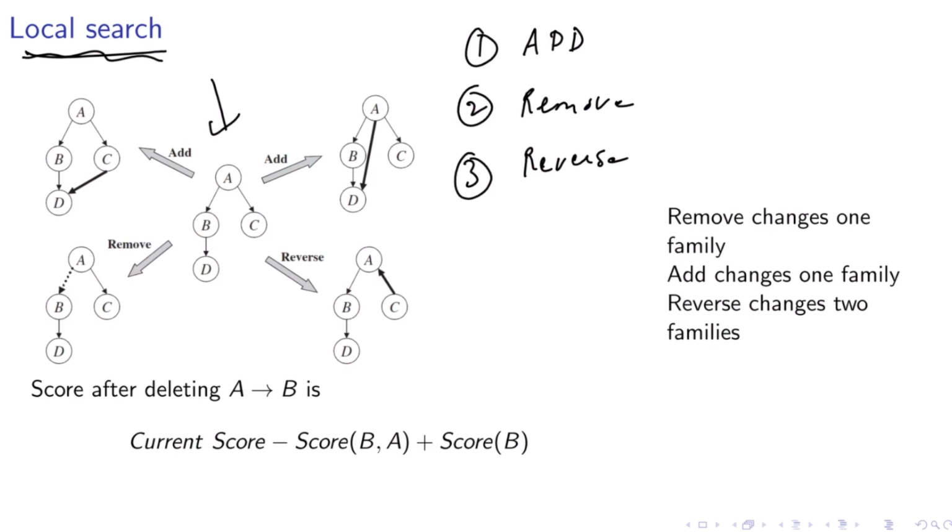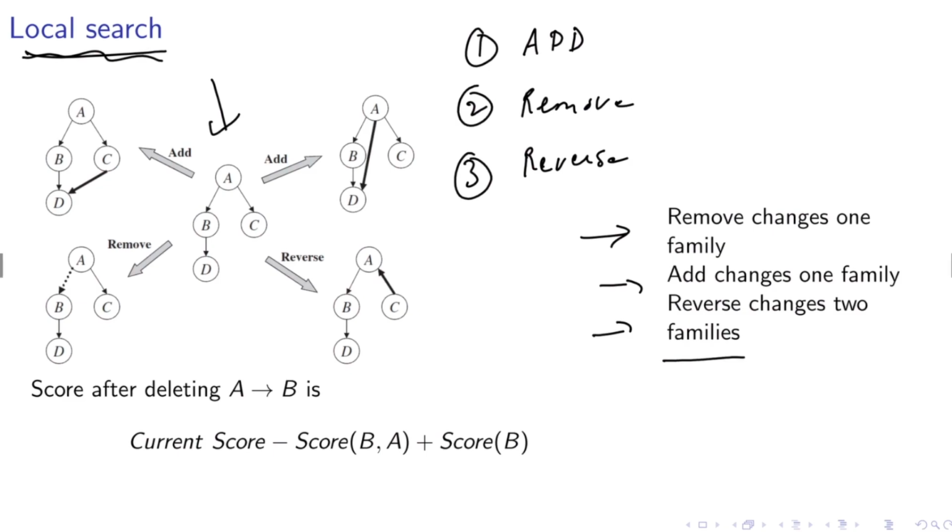As I said before, if the score is decomposable, then removing and adding can be done by changing just one term in the sum, while the score after we have reversed an edge can be computed by changing just two subscores in the scoring function.